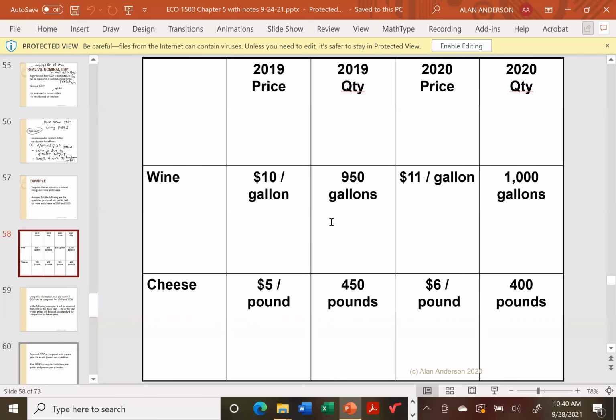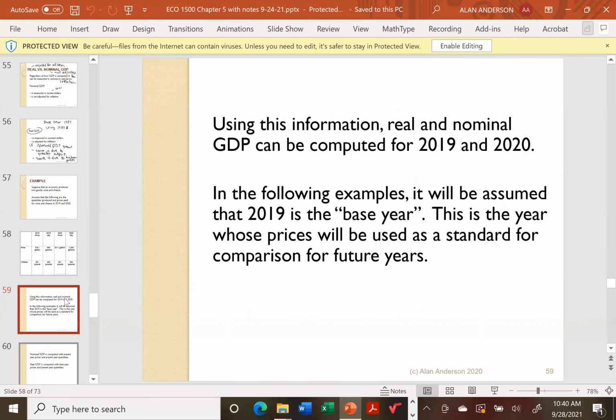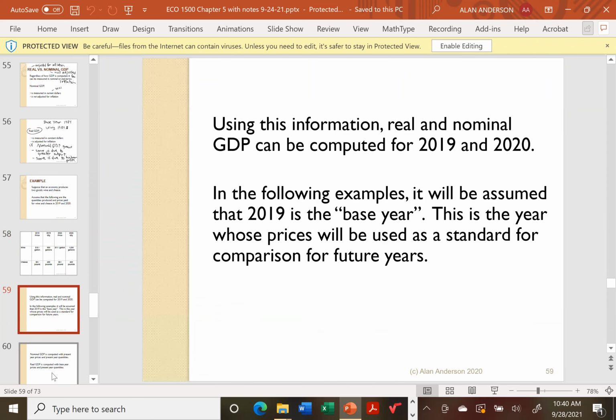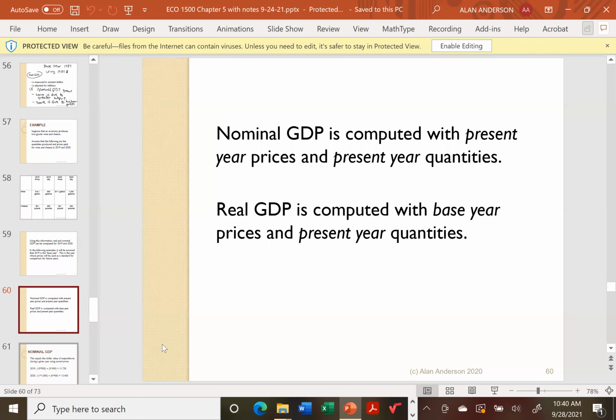Okay, so anyway, how would we do this? Let's make an assumption now. Suppose that the government's statistical agency has decided that going forward, 2019 will be our base year. That means in the future, all calculations for real GDP will be based on 2019 prices. All right, so let's see how this works.